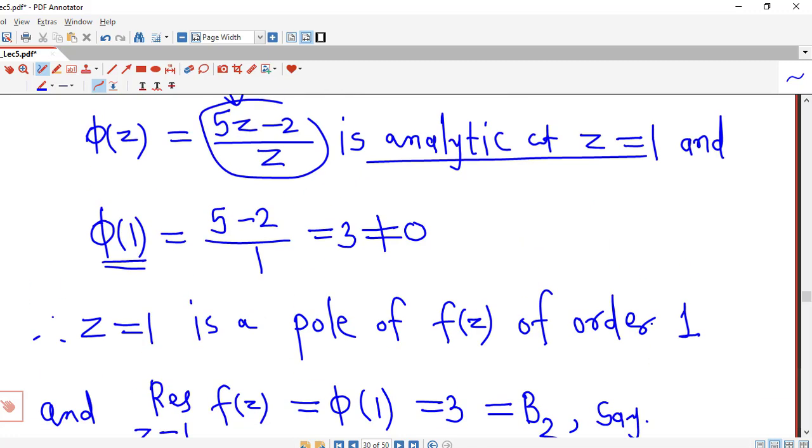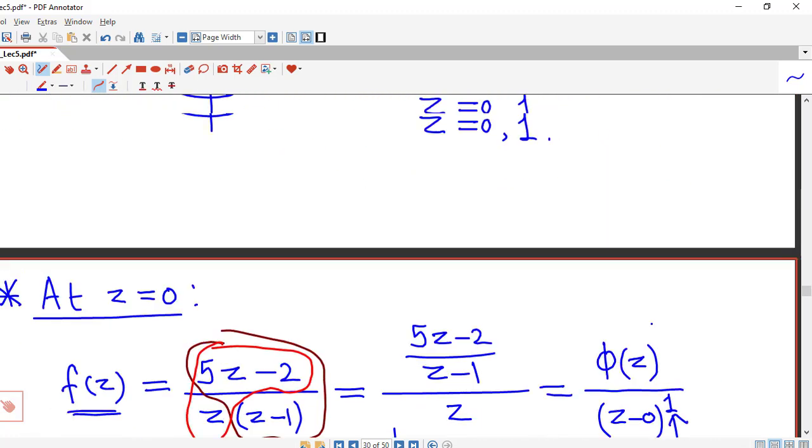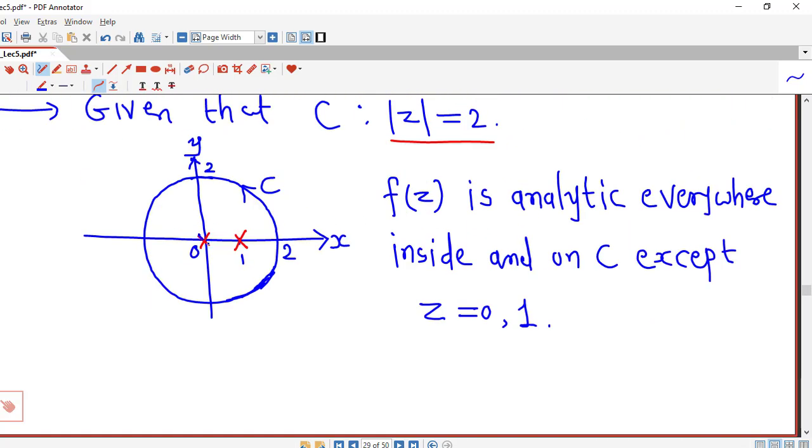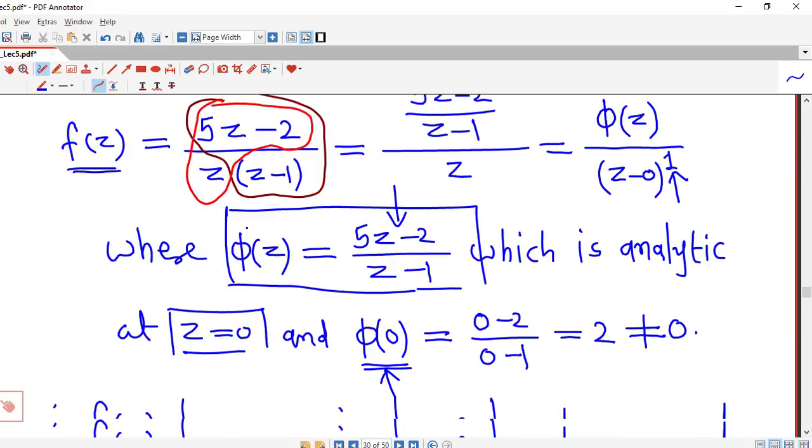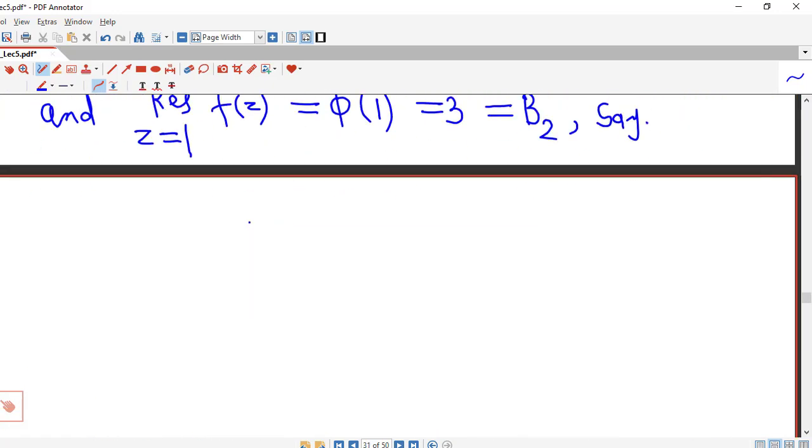So we have obtained residues of f of z at both the isolated singular points which are inside this simple closed contour C. So now we can apply Cauchy's residue theorem to evaluate integral of f of z along given contour.